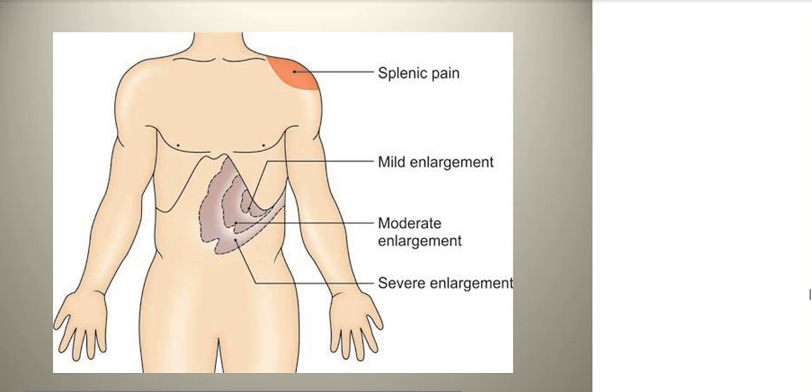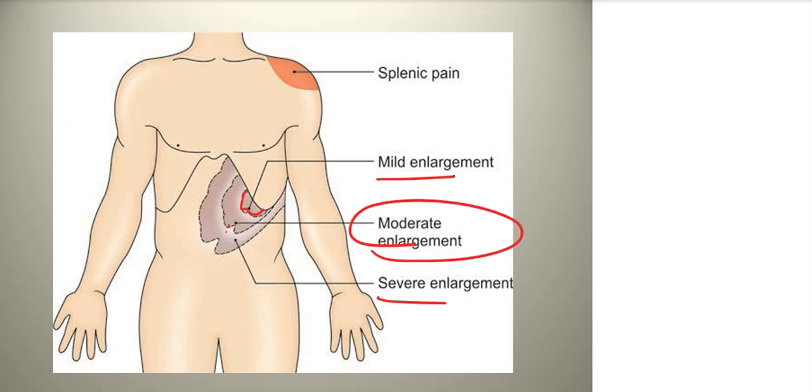First, we can feel it near the costal margin, which is mild enlargement. Then it extends to the epigastrium and umbilical region, and this is moderate enlargement. This is severe enlargement, beyond the umbilical region and sometimes to the right hypogastrium.